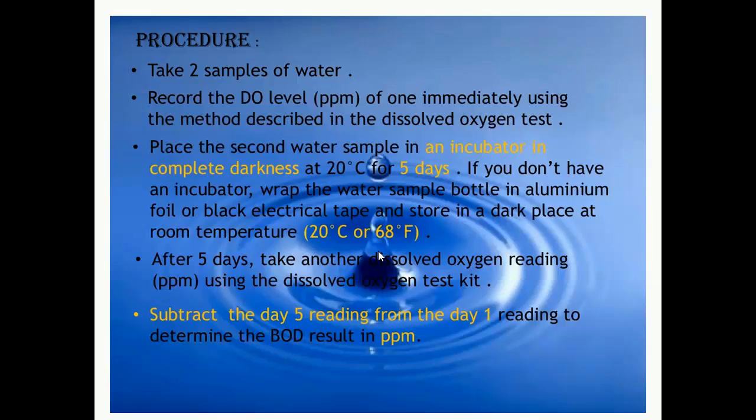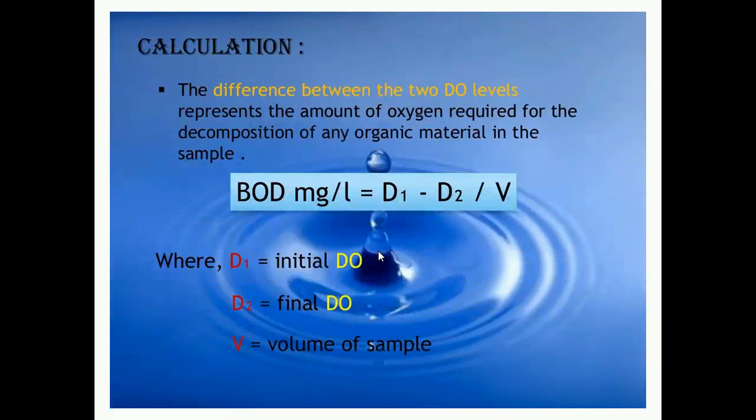After 5 days, take another dissolved oxygen reading in ppm using the dissolved oxygen test kit. Subtract the day 5 reading from the day 1 reading to determine the BOD result in ppm, parts per million.